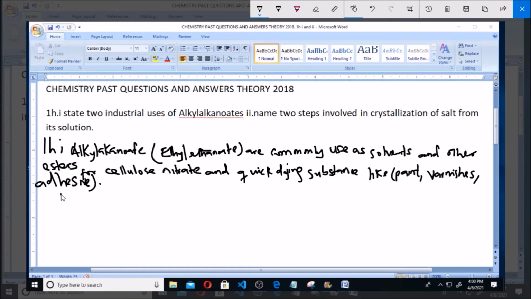So industrially, alkyl alkanoate is used as number 1, production of soap.